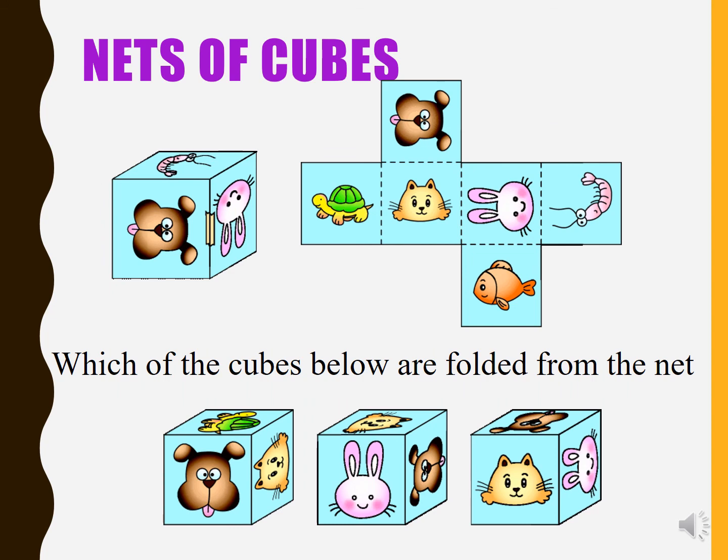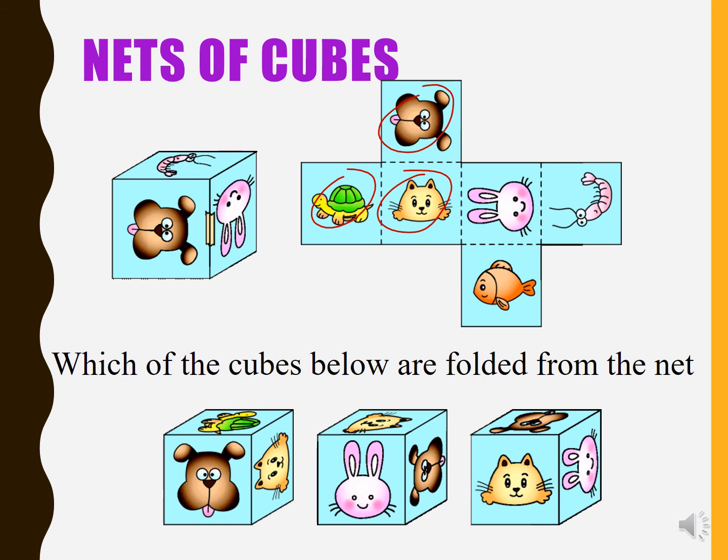So now look at the nets of these cubes. There are some pictures on the cubes, and you have to find out which cubes are folded from the net. So first you can check the position. The first cube, we have the dog, the turtle, and the cat.